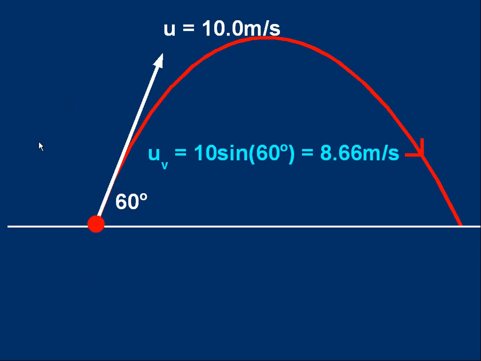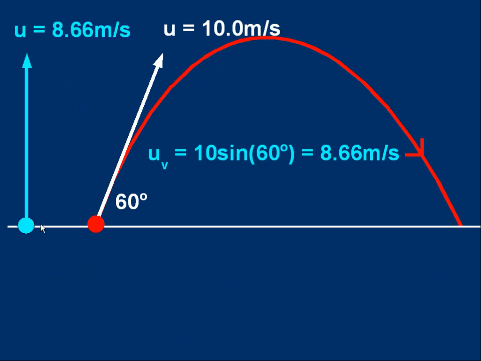Let's take a look at the vertical component of velocity in more detail. There's our diagram. The initial vertical component of velocity is 8.66 meters per second. Now, let's imagine we throw up another object at the same moment that we launch the red ball.